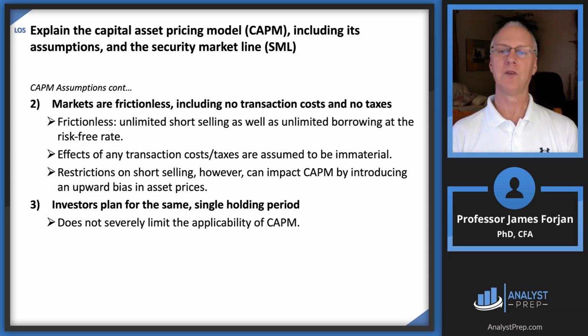But it also means that investors are able to sell short, without any constraints on their ability to leverage those decisions, and that investors are able to borrow at the risk-free rate of interest. I'll allow you to figure out if that is a reasonable or an unreasonable one.